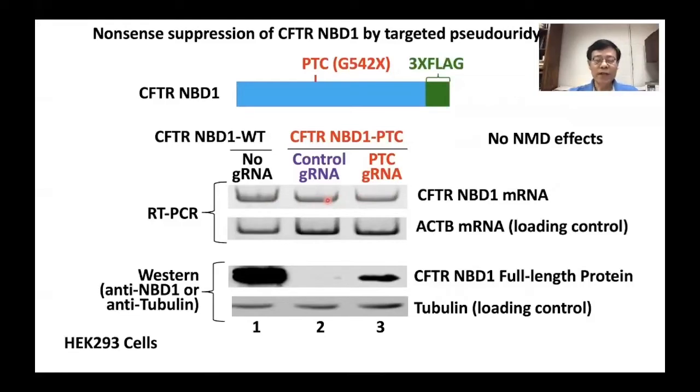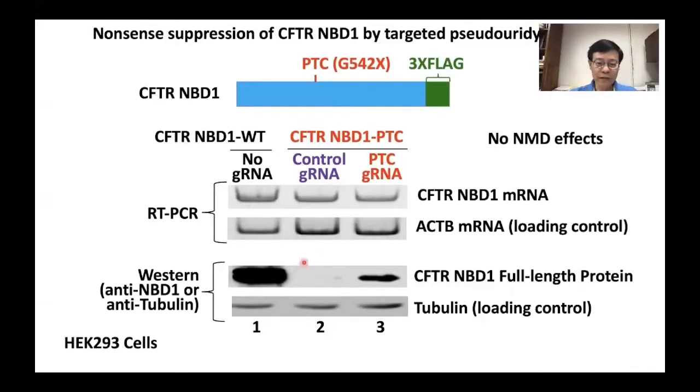But this is not surprising because the gene has no intron, and it was reported that NMD is tightly linked to splicing. If you don't have an intron, you don't have splicing, and with no splicing, NMD is not activated. So even those messenger RNAs that contain PTC will not be degraded. That's why the level is similar.